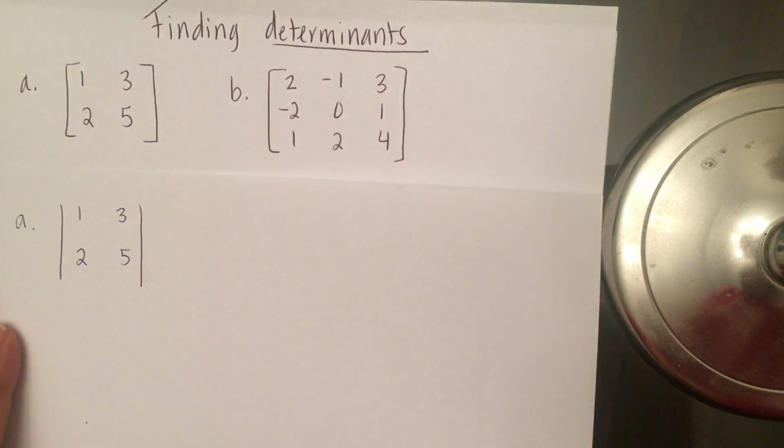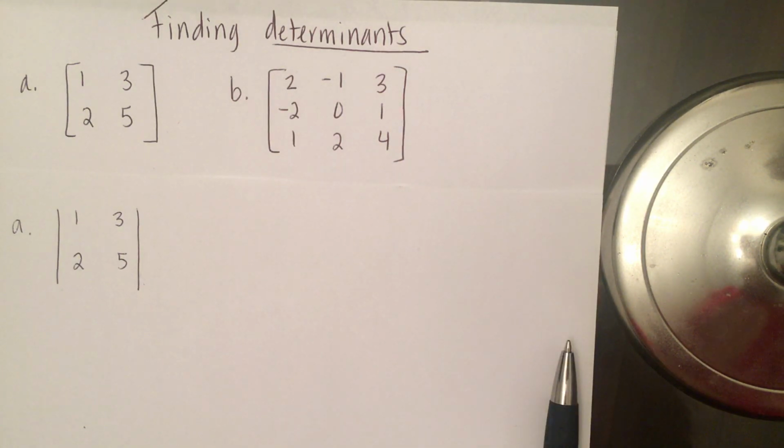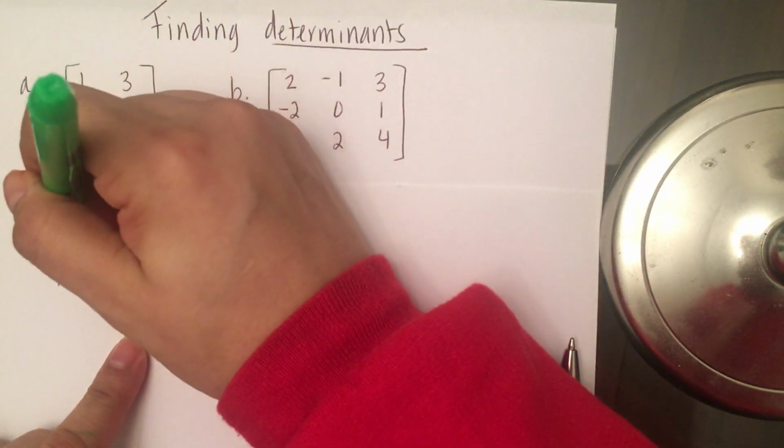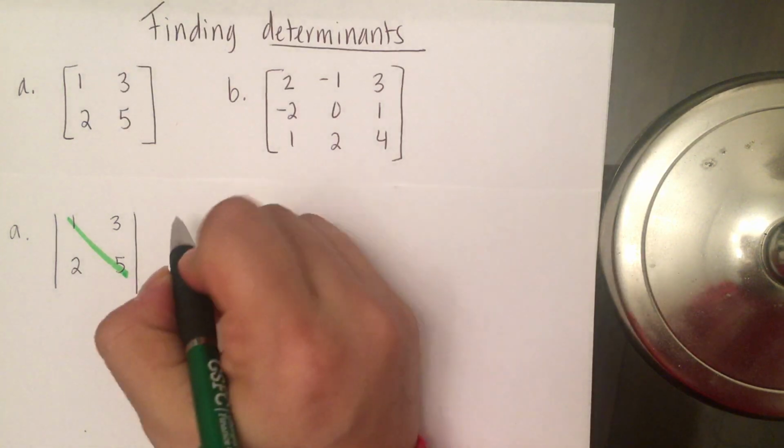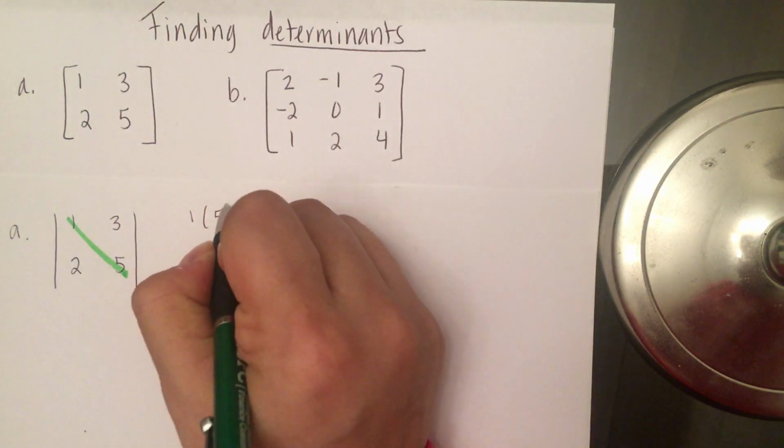To find this determinant, the first thing I'm going to do is multiply my numbers diagonally. I'm going to start with the 1 and the 5, so that is 1 times 5.